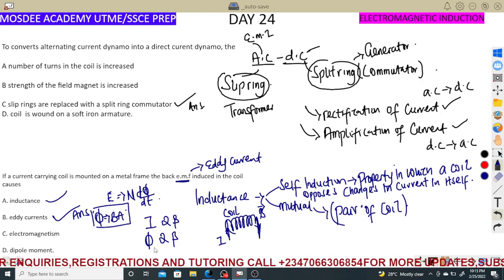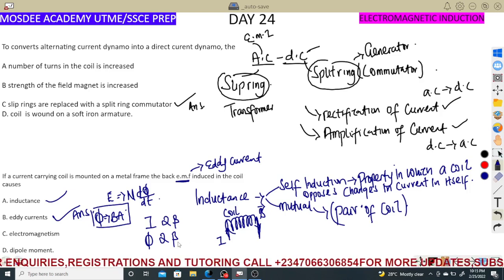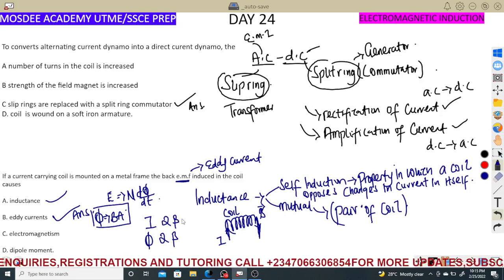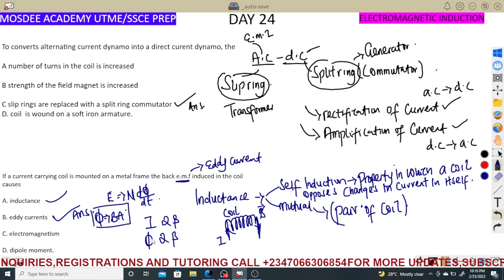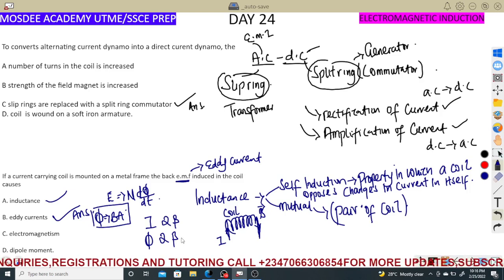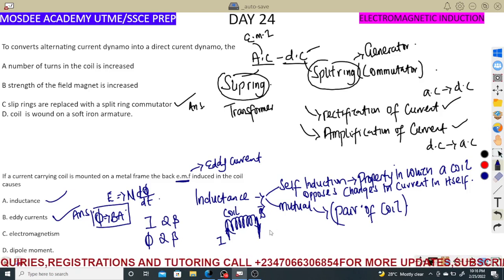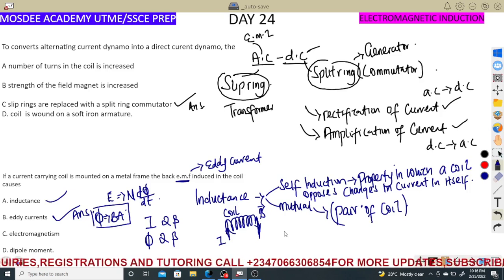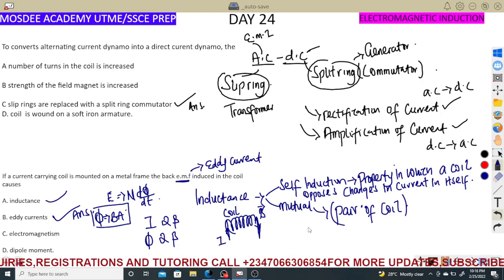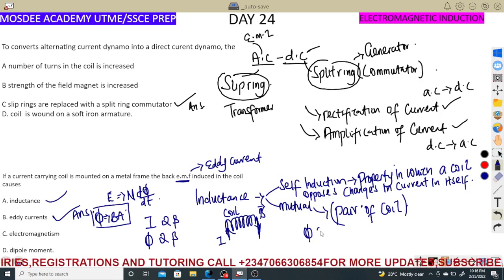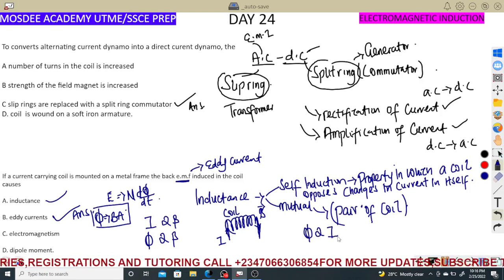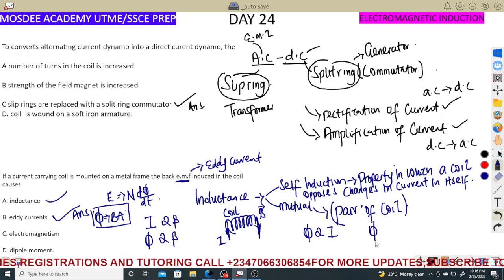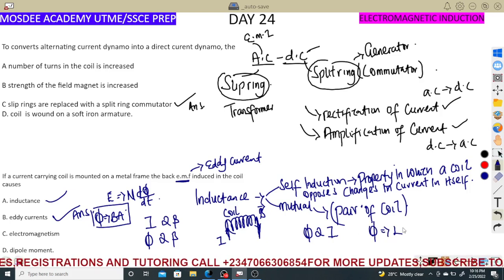Since flux is proportional to B, and current is proportional to magnetic field, we can conclude that for any coil carrying a current in a magnetic field, the amount of flux generated in it is also proportional to the current produced in it. So when we introduce the constant, we now say flux is equal to L.